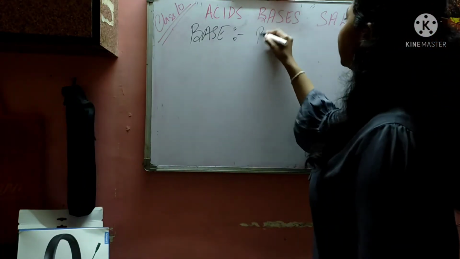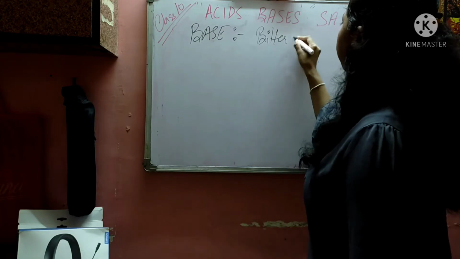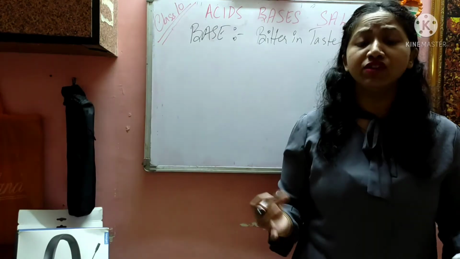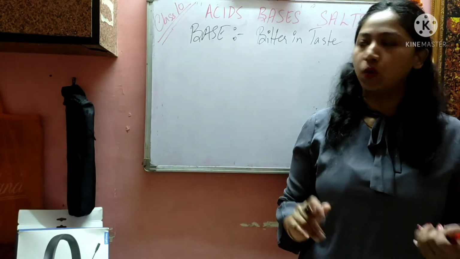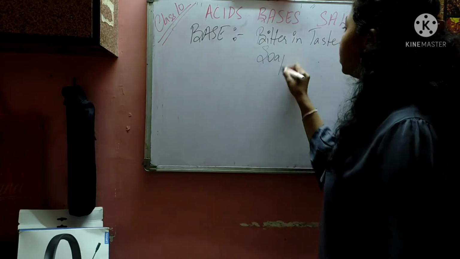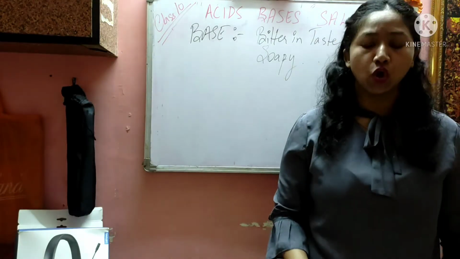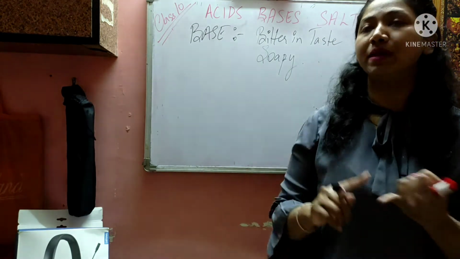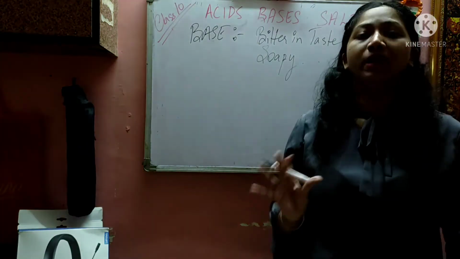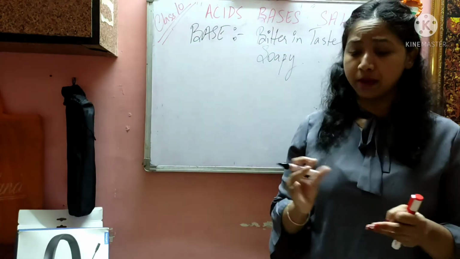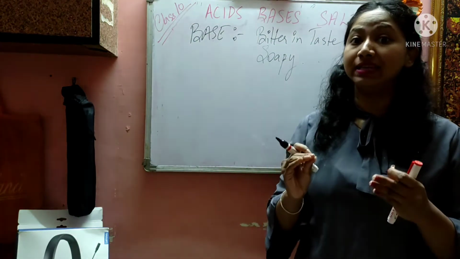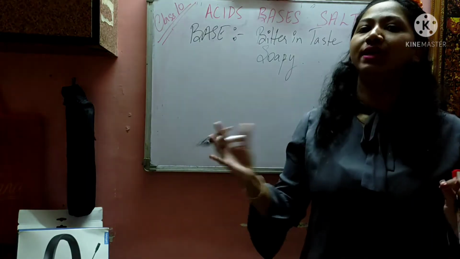So base is something which is bitter in taste. Then when you touch it, it is soapy to touch. The first thing: base is bitter to taste. Second, it is soapy to touch. Third, whenever you check its pH, the pH of a base will always be more than 7.